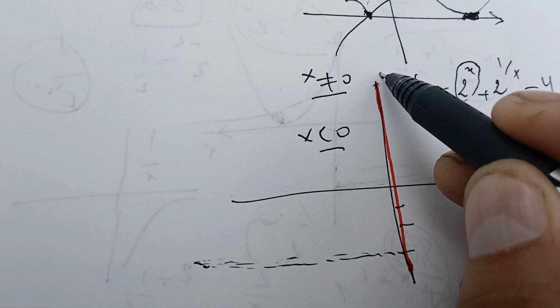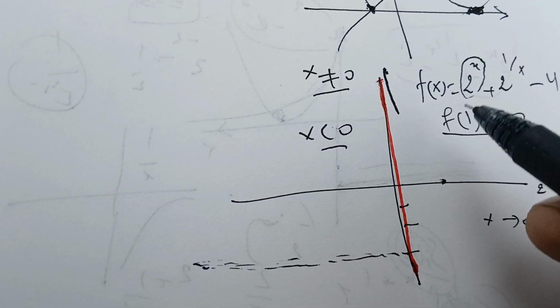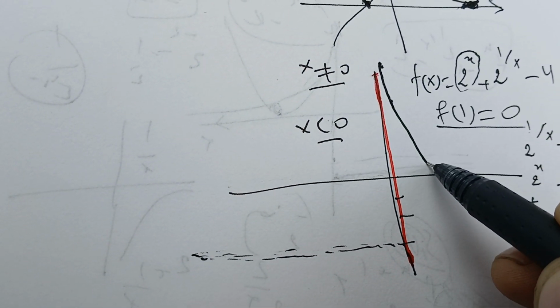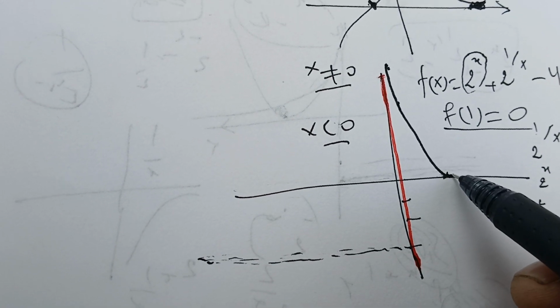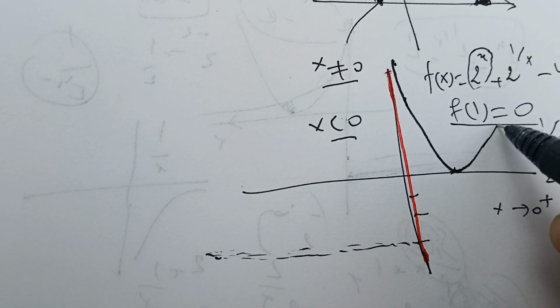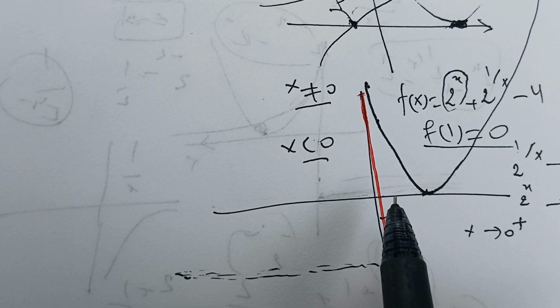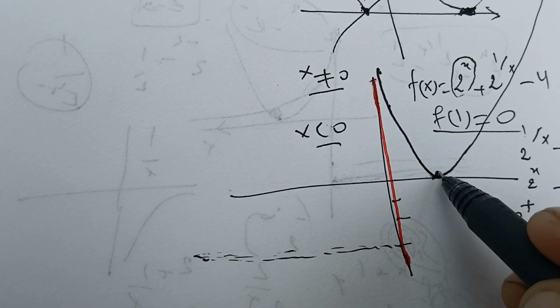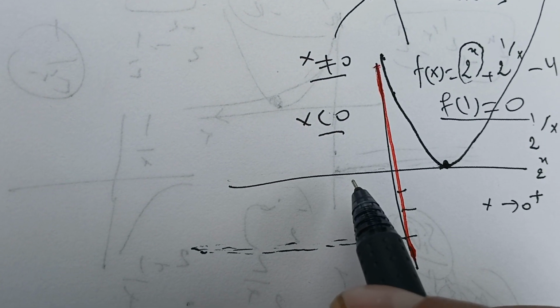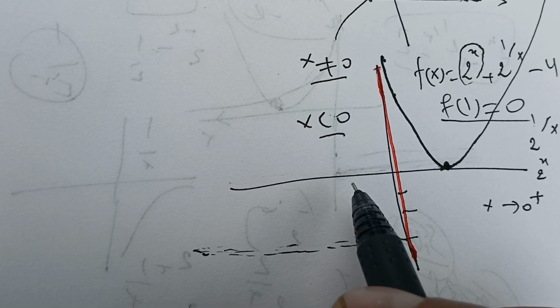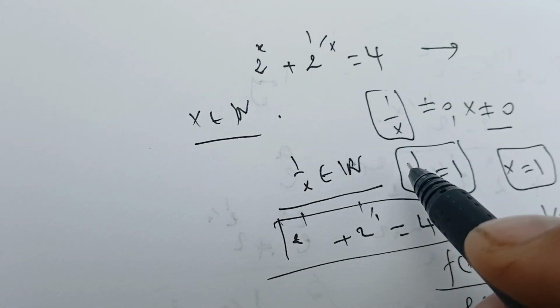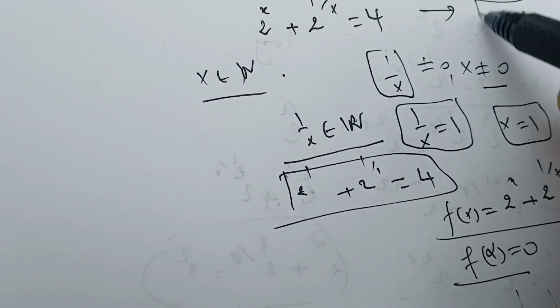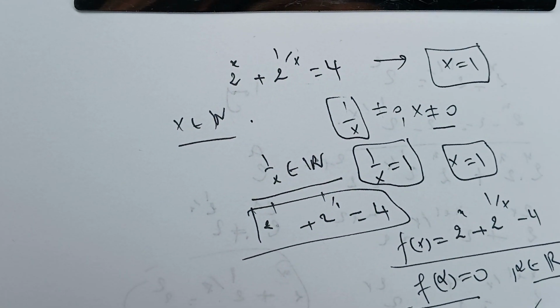And it keeps decreasing until we get to 1, where it becomes 0. After that, it increases. That means 1 is our only solution. So this equation has only one solution, and it's given by x equals 1. There are no other solutions.